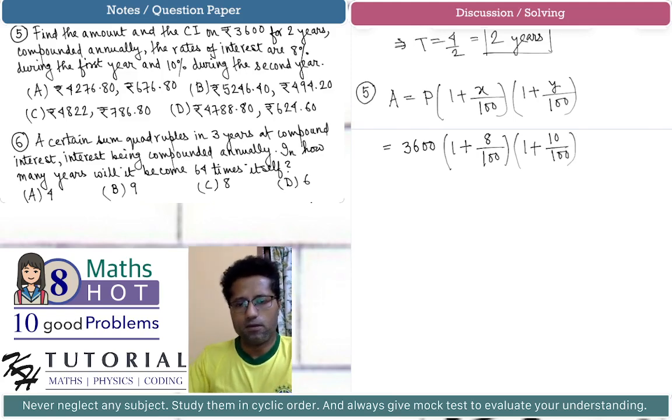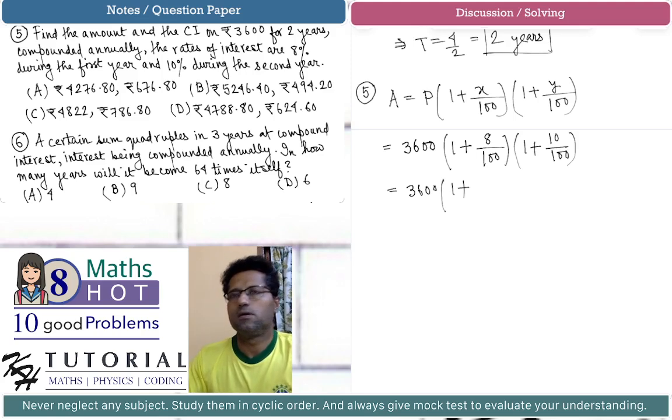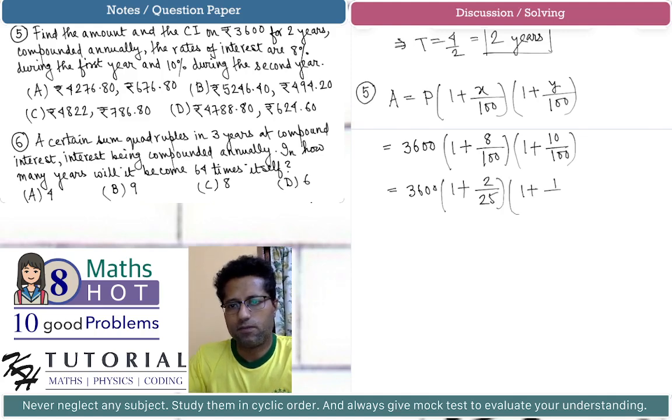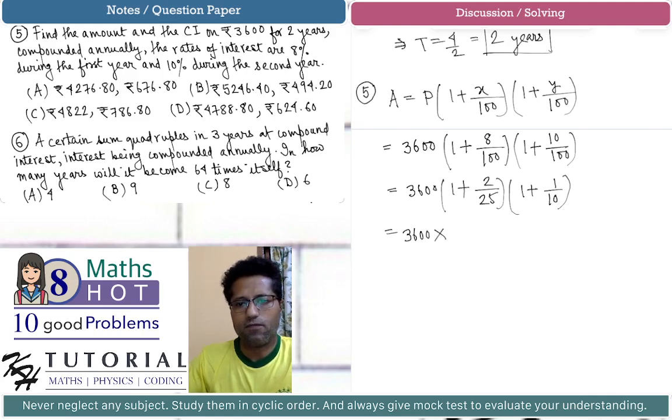So this is equal to 3600 multiplied by, 1 plus 8 by 100 is 27 by 25, and 1 plus 10 by 100 is 1 plus 1 by 10, which is 11 by 10.